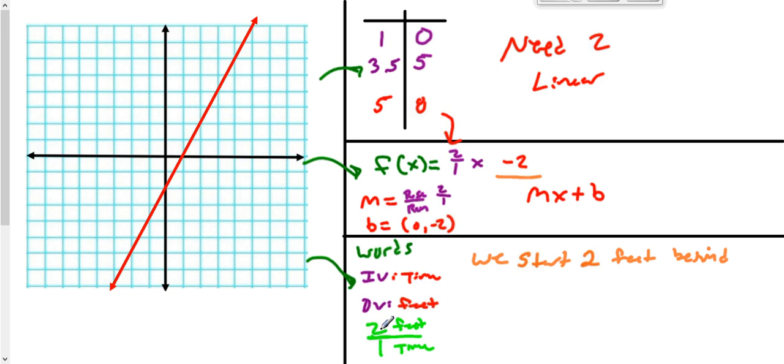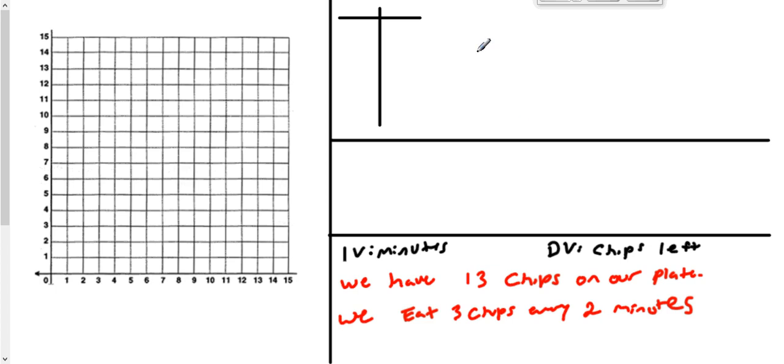So we have to talk about 2 every 1. So in this case, we gain 2 feet every 1, and then the time probably should say every 1 minute. Just like that, we've written a word problem that illustrates this story. We start 2 feet behind, and we gain 2 feet every 1 second. Say we start with the word problem in the beginning.